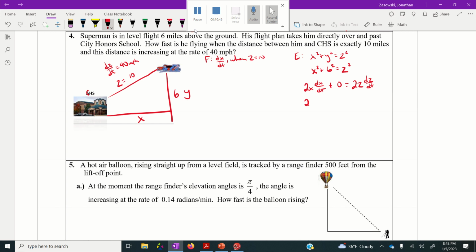X we can figure out by using the Pythagorean theorem. So 10 squared minus 6 squared is equal to x squared. This is 100 minus 36, which is 64. And then the square root of 64 is going to be 8.